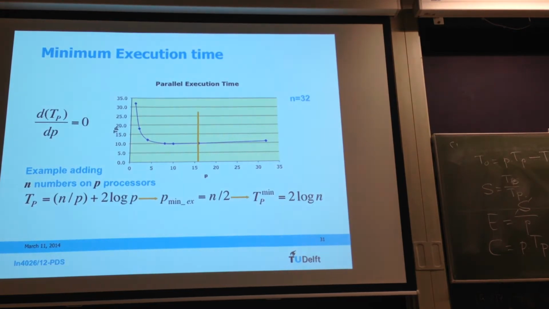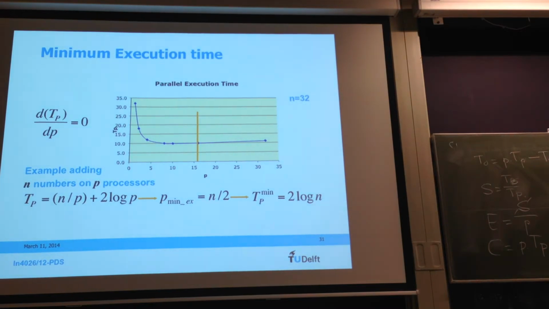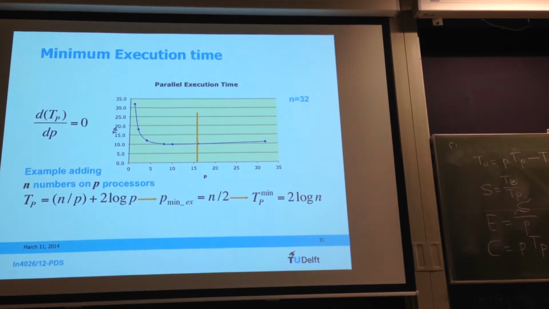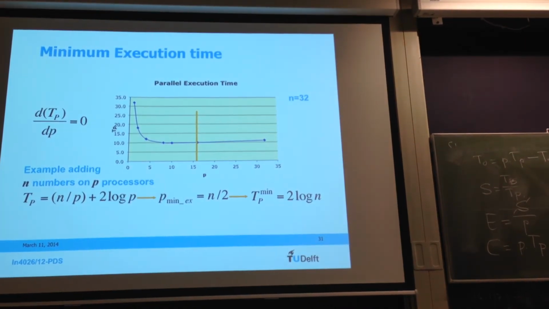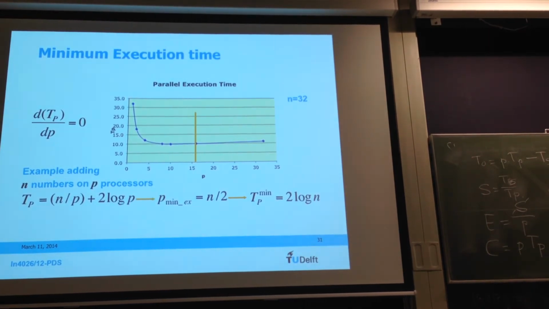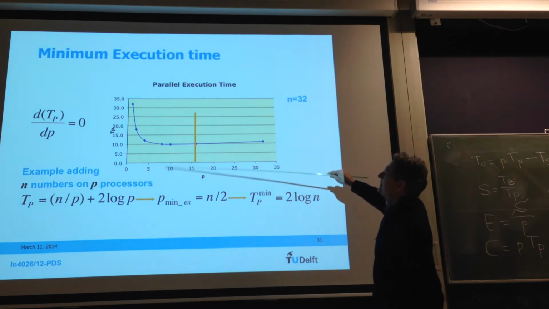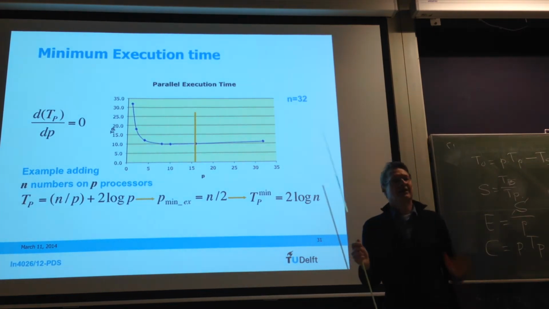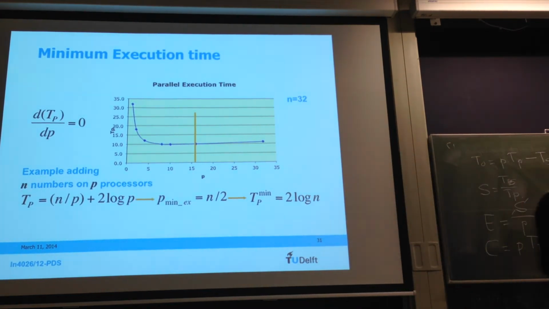Now the question is, would cost optimality get us to that point? Combining the notion of cost optimality with minimum execution time would lead to a point somewhere here, giving us a balance between minimality and efficiency.